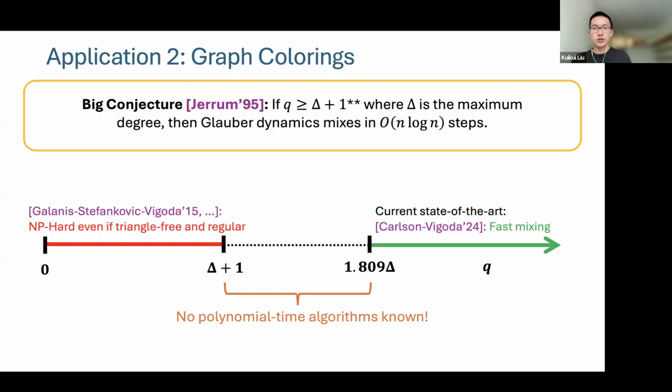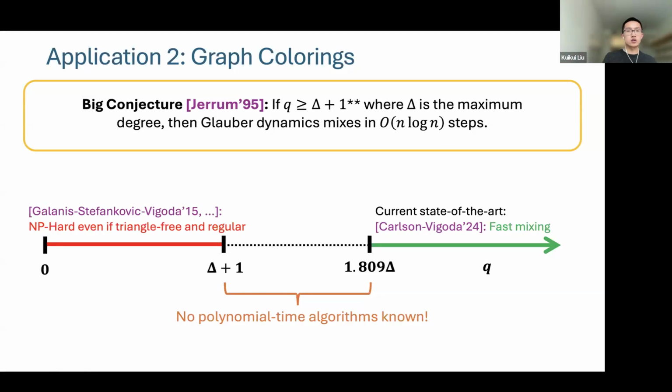In particular, it is now known that if the number of colors is less than or equal to delta, the maximum degree, then the problem of sampling is NP-hard, even if the underlying graph is triangle-free and regular. So not only does Glauber dynamics not mix in polynomial time, but under standard complexity-theoretic hypotheses, there are no polynomial time algorithms whatsoever.